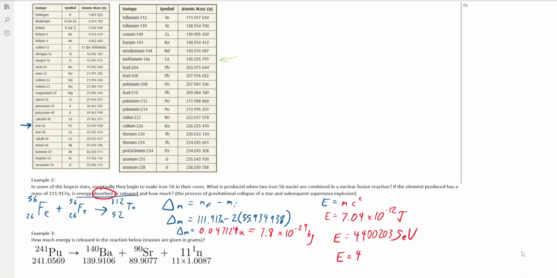So we get 44.0 mega electron volts. Why do we have only 3 sig digs when we have such a big number to start? Well, the speed of light is 3.00 times 10 to the 8. So we only have 2 sig digs for the speed of light, so we should only have 2 sig digs for our answer here.